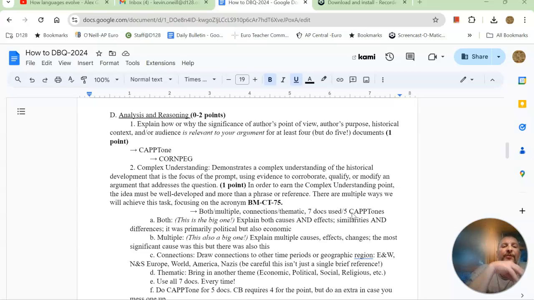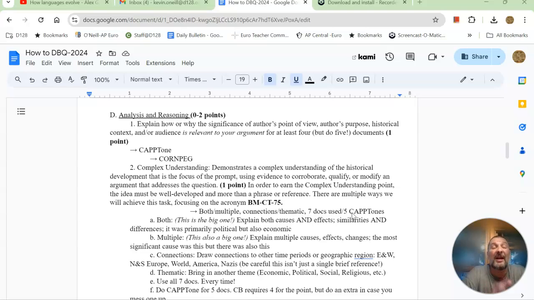All right. So for 5 of the documents, you are doing what we're going to refer to as CAPTONE. CAPTONE is one of the multiple acronyms we're going to have here for the DBQs. CAPTONE is context. So that's setting the document in the scene. What is going on? Why is that scene? Why is that context significant? Audience. Who is the intended audience?